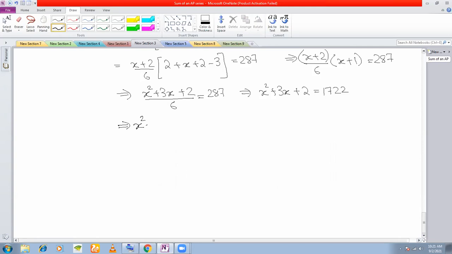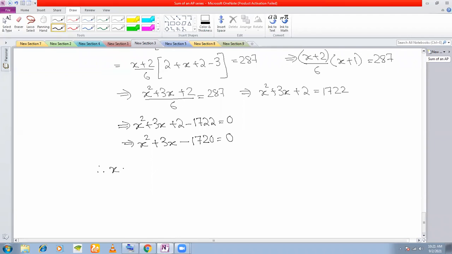That means you get x square plus 3x plus 2 minus 1722 is equal to 0, x square plus 3x minus 1720 is equal to 0. Now, if you can factorize this, it is okay. Otherwise, you should use Shridharacharya.